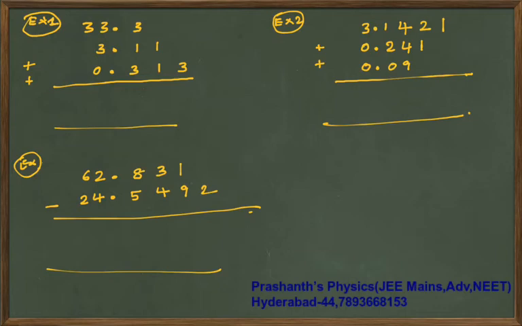Now if you try to do the answer, so this will be 3 when you are adding, and this is 1 plus 1, 2, this is 3, this is 3 plus 1 4, 4 plus 3 7, point 3 plus 3 6, so 36.723.